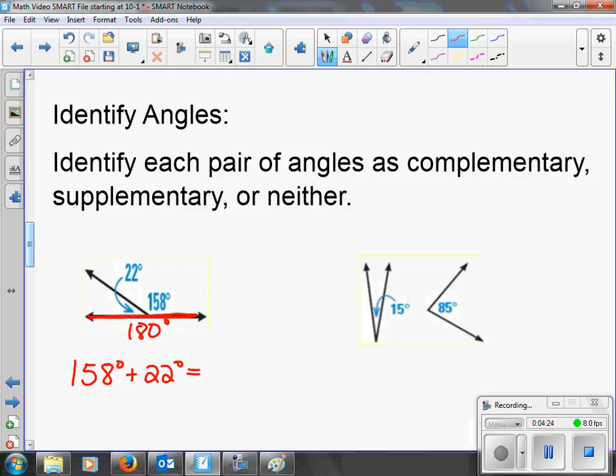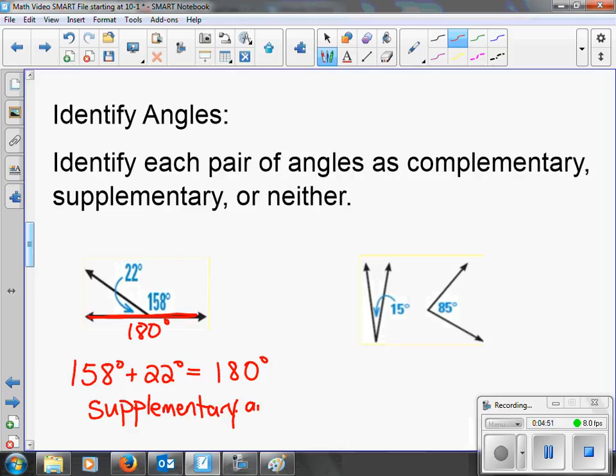Well, let's see. 8 and 2 is 10. 5 and 2 is 7 plus the 1 is 8. Yep. So this pair of angles, the 22 degrees and the 158 degrees, are supplementary. So we write that down, supplementary angles.